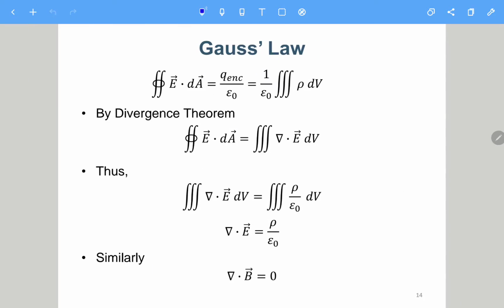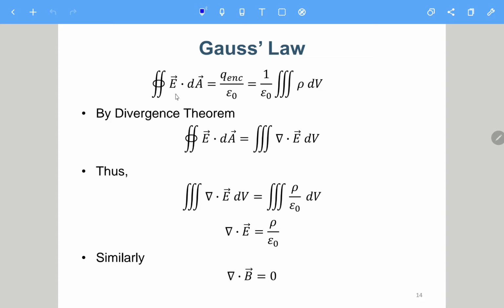Okay, so here we try to actually derive why the differential form of the Gauss law will be like this. Here is the Gauss law you are familiar with, which is the integral form.